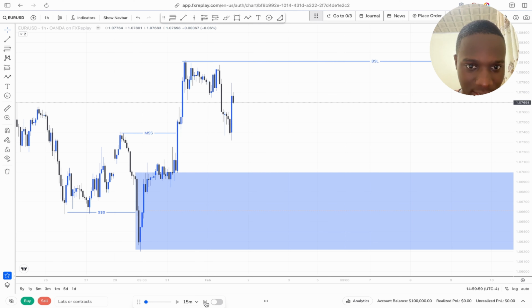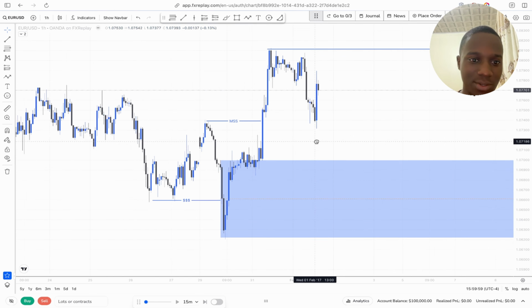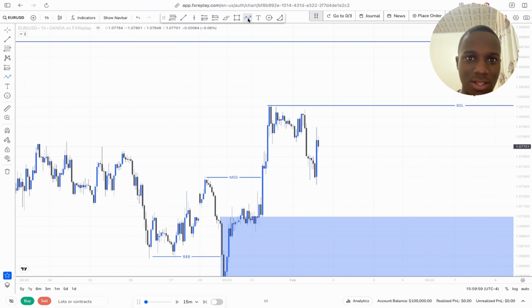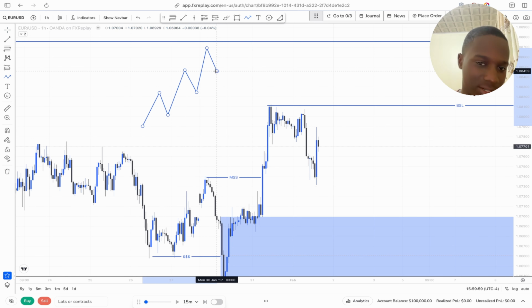Okay, healthy retest of the fair value gap, but you can see that we retested this fair value gap right here. That's why I really like to say that this is a strong fair value gap. And with that in mind, actually this would have been another good entry. So in this corrective move, and as you know, the market moves in an uptrend, it does impulsive move, corrective, impulsive, then corrective.